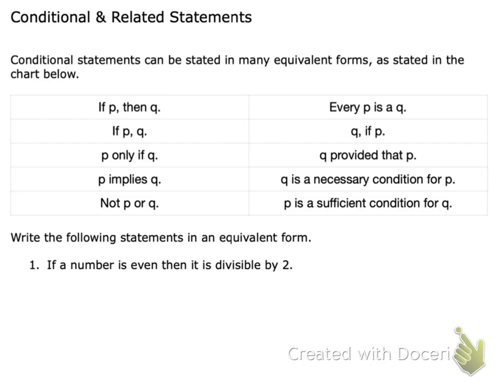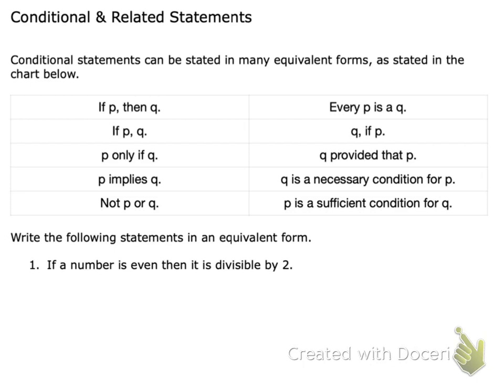They're equivalent to our if P then Q. So this is our original, if P then Q. You can take out the then when you make the statement and just say if P, Q. You can say P only if Q. P implies Q.